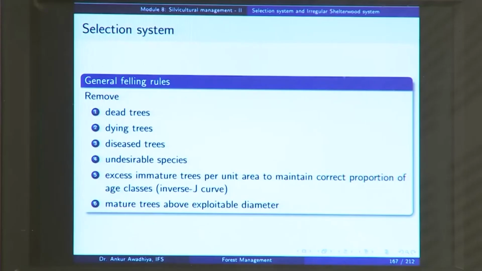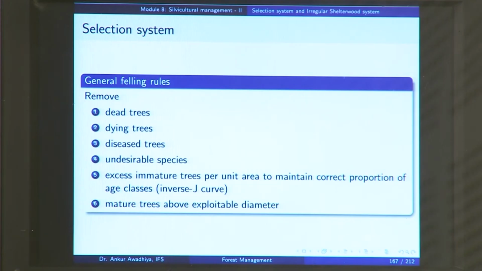Most of your trees should be in a young age or in a mature age, and at the same time you should have an adequate amount of regeneration. You should have plenty of young plants, so that if anything happens, these plants are there to cover up the growing space. So, you remove the dead, dying and diseased trees with the highest preference.